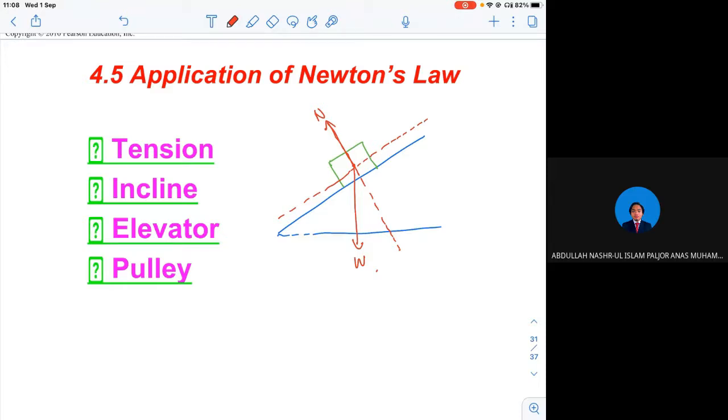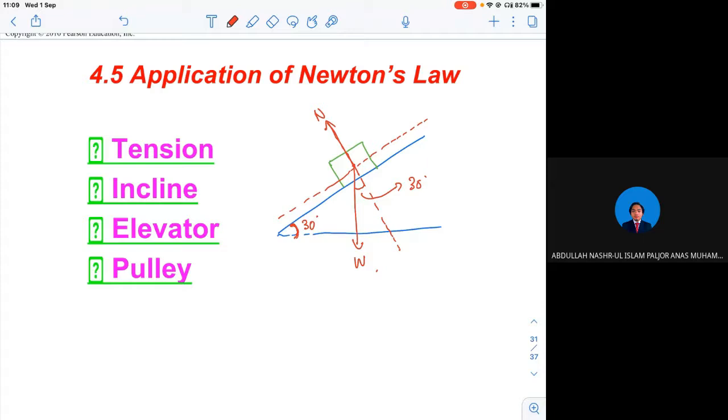Just do it like that so that you will really know that W itself, because maybe the incline is at 30 degrees, you need to resolve here. This angle of 30 degrees is actually here.